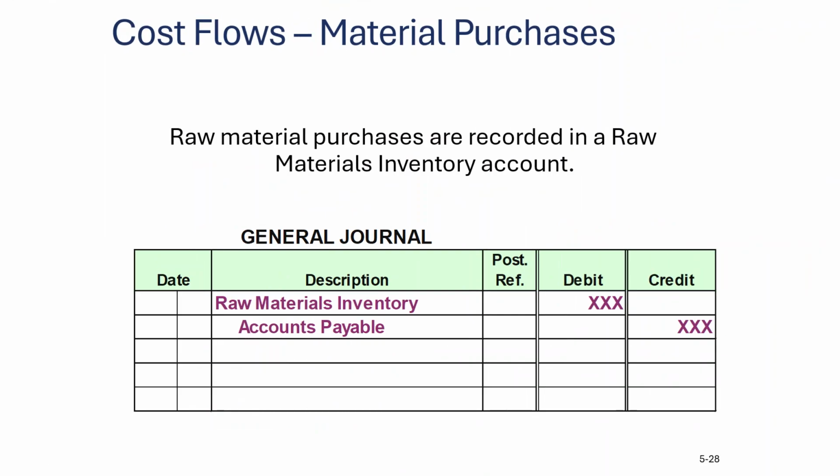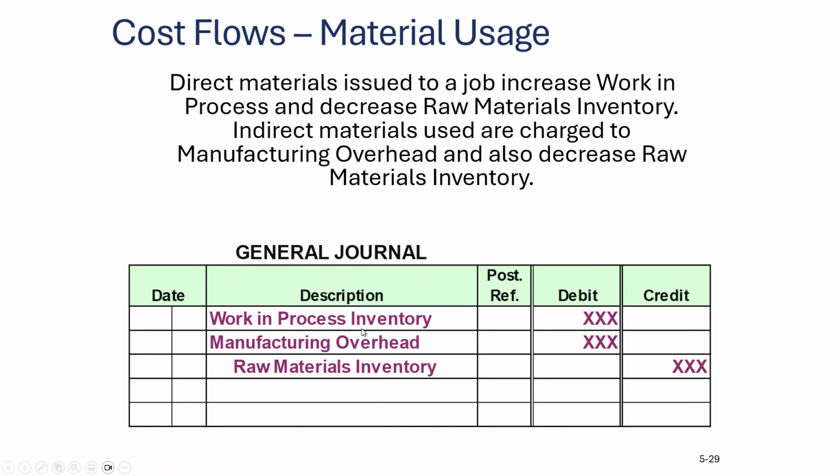So here is my journal entry. When I buy the raw material, I debit raw material and credit accounts payable. Then what happens next is I start using it, and some of the material is direct, some is indirect. When I use them, I take it out from the raw material, so I credit raw material, and if it's direct, I debit my work in process inventory.